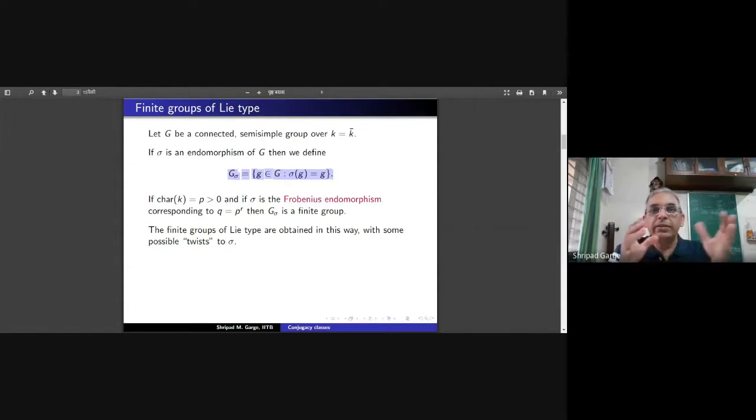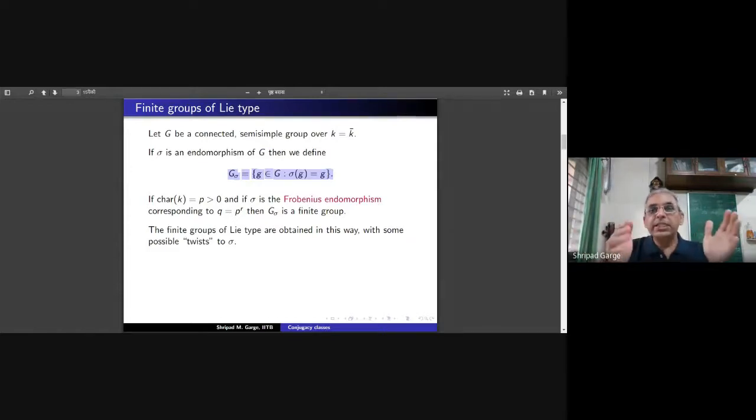You can consider these linear algebraic groups as sitting in some matrix groups. Then the Frobenius endomorphism simply amounts to raising every entry of the matrix to the qth power. When you are looking for elements which are fixed by this Frobenius endomorphism, they should correspond to matrices whose each entry comes from the finite field F_q.